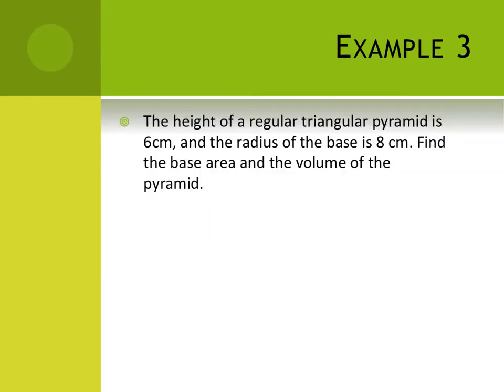This time we also have a regular triangular pyramid. So again, let me draw another one. So here is my base. And then let me draw in these lateral edges.